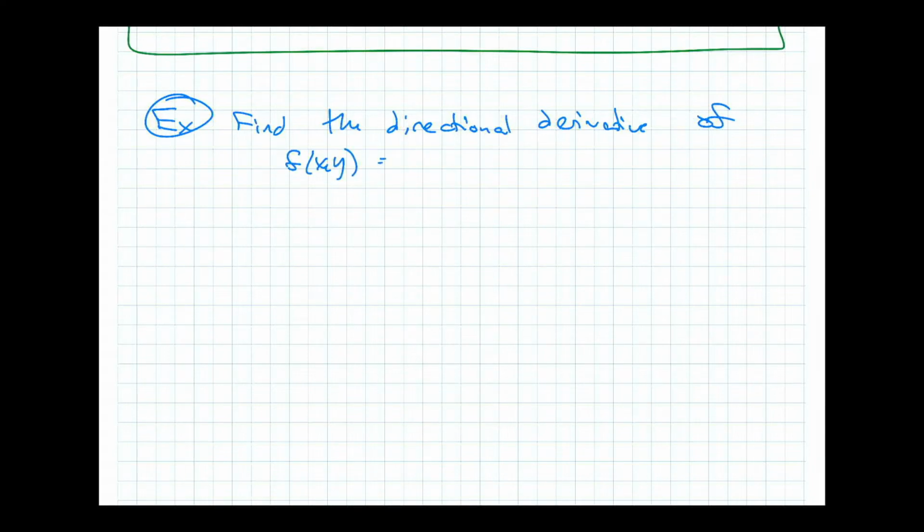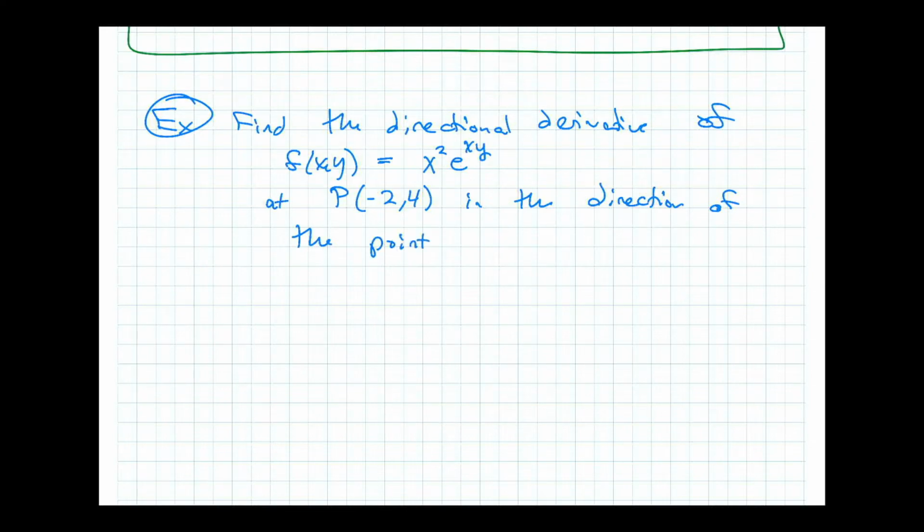I'm going to go with x squared e to the xy, at P negative 2 comma 4. And they say in the direction of the point Q, which is 3 comma 4.